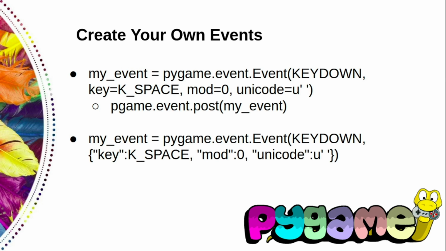To send an event, you first construct an event object with pygame.event.Event and then post it with pygame.event.post. The event will be placed on the end of the queue, ready for retrieval in the event loop.